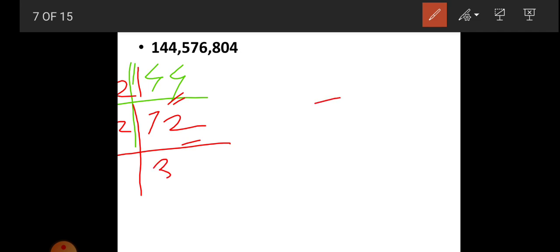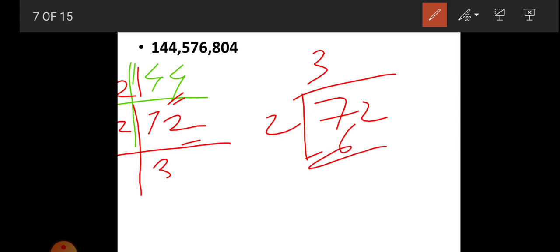So 144. See here last digit is 4. Then direct 2 7s are 14. 2 2s are 4. Again here last digit is 2. Again 2 I took. 2 3s are 6. 2 3s are 6 and 2 6s are 12.